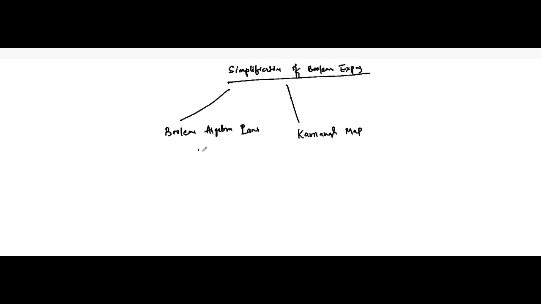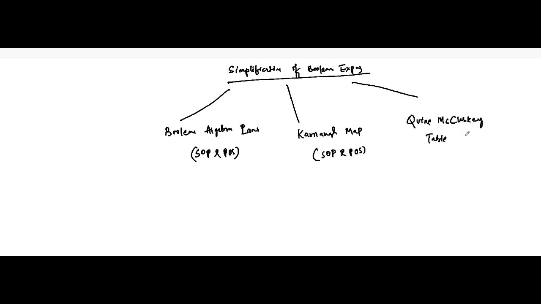Here also SOP and POS type both we have discussed. So in this video, we are going to discuss another new method which is called the Quine-McCluskey tabular method or table method.